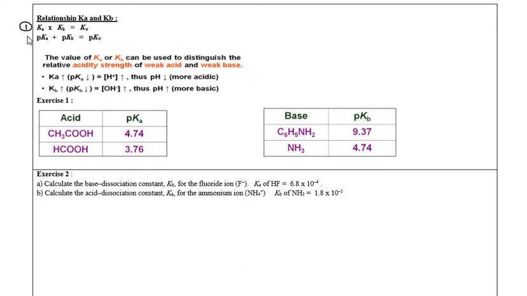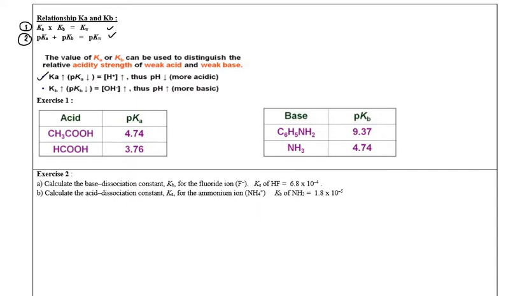The second formula is pKa plus pKb equals pKw. P here means negative log Ka plus negative log Kb equals negative log Kw. Later I will show you when you want to use these two formulas.